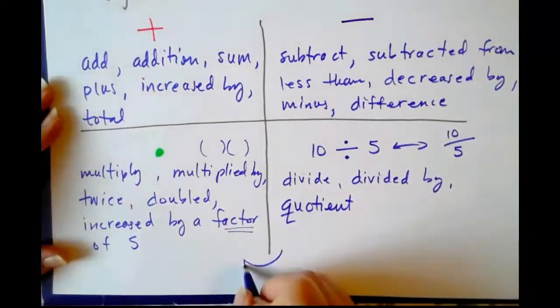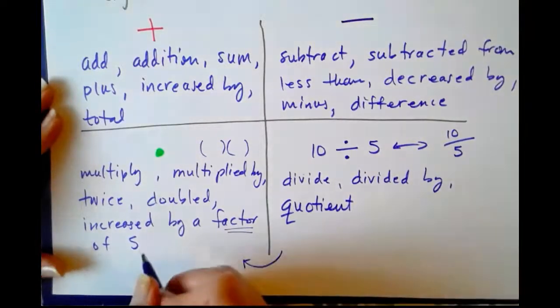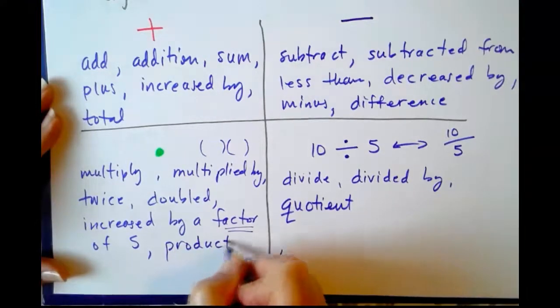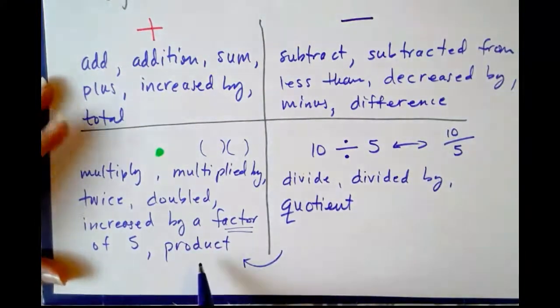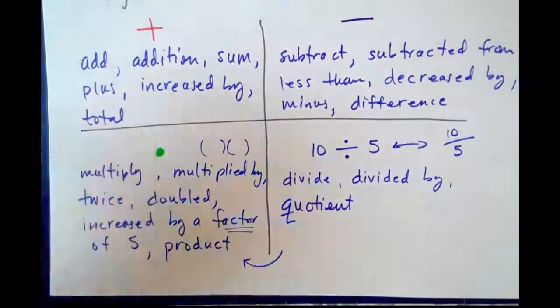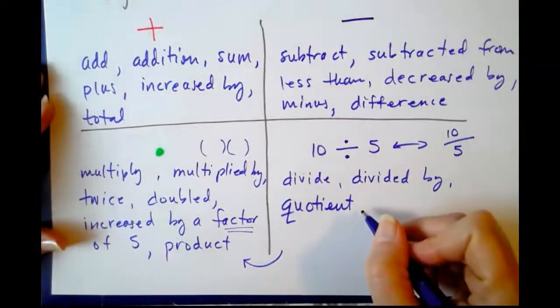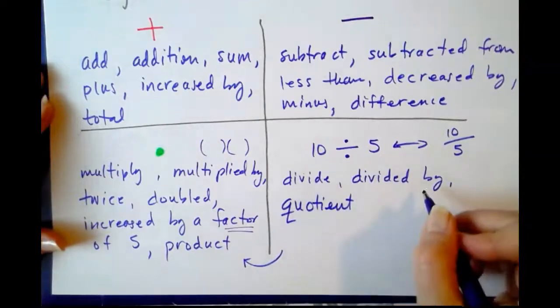And let me loop back over here on multiplication. I forgot. When you multiply two things together, you get a product. So a product is multiplication. A quotient is division. So divide, divided by. Are there any more words for divide, divided by?